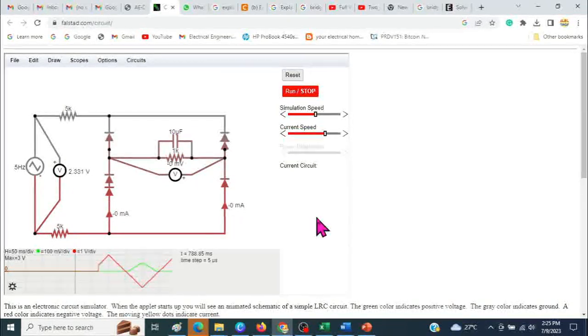Okay, so this capacitor is now connected, and we'll see what is the effect of this capacitor. We run again. Positive half, no conduction.